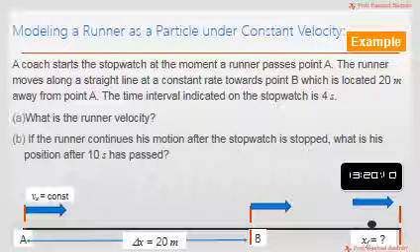This diagram explains part B of the problem, where it shows that the runner is moving with a constant velocity from A until it reaches its destination at a time of 10 seconds. So it is required now to find x final, which is the distance from the starting point up to the destination point.